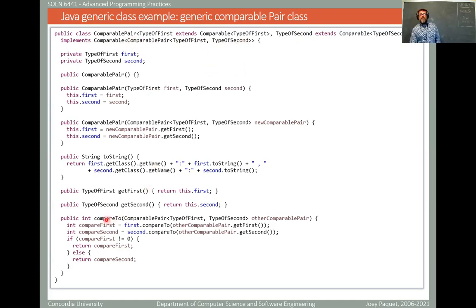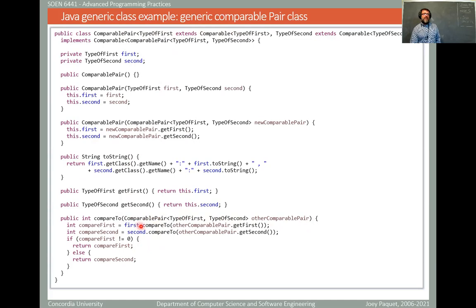Then as this class implements Comparable, that forces it to implement the method compareTo. So here I have my method compareTo. What it does is compare this current object with another object that is passed as a parameter. The type of this parameter is ComparablePair of type of first, type of second, just like the original pair itself.